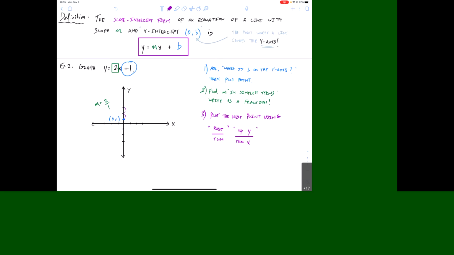That's just the rise portion. And then now you have to worry about the running. Well, we're going to run 1. Why 1? There's a 1 in the denominator. And then I'm going to tell you you're going to run to the right one. Why the right? Well, because it's a positive slope. So you plot your second point right there.